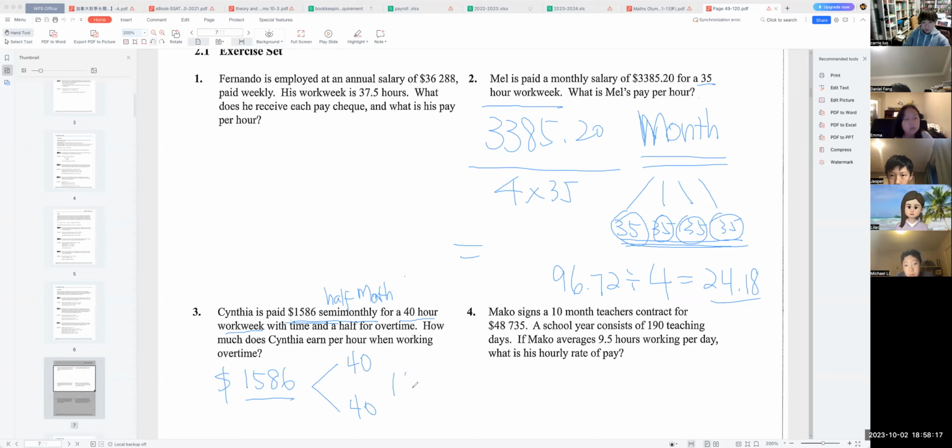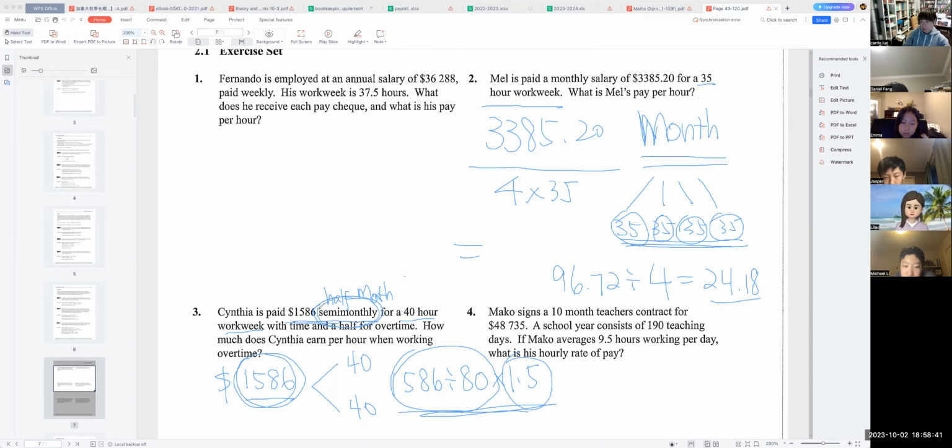You need to do 1586 divided by what? Divided by 80 and times 1.5. Correct? Okay, because that is hourly and times 1.5 is overtime. Understand, Michael?